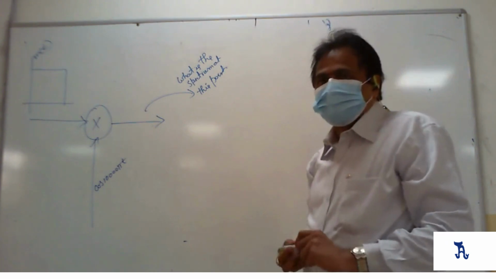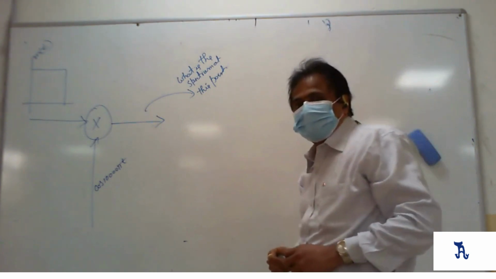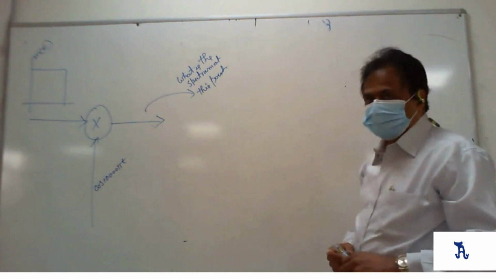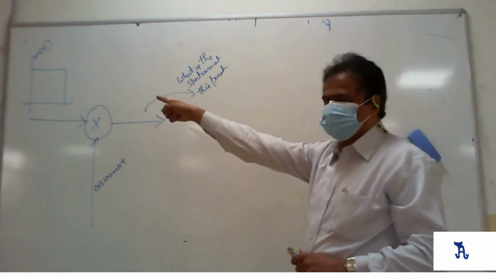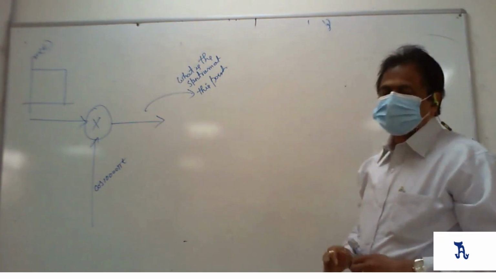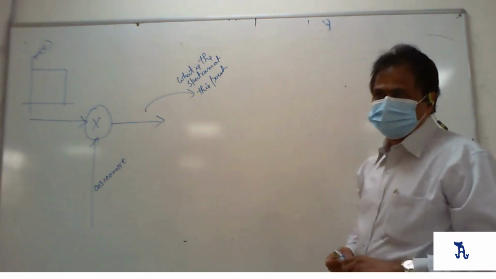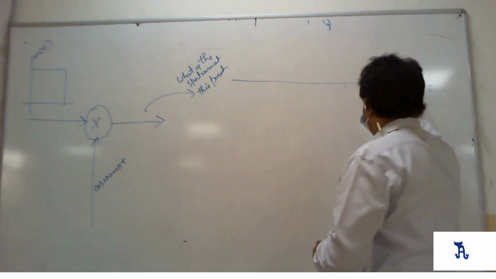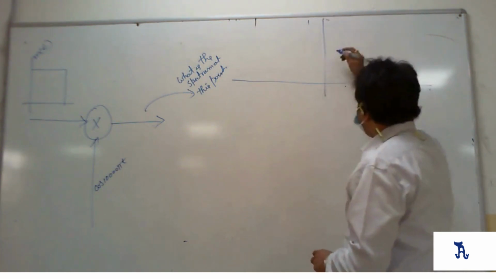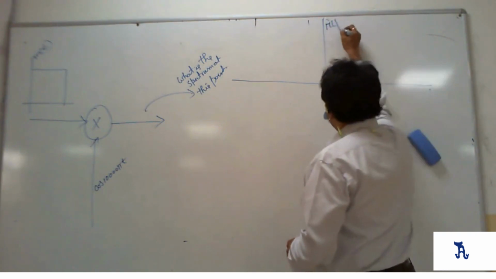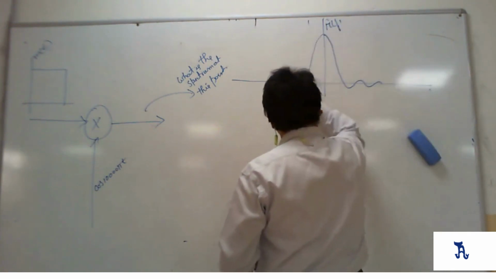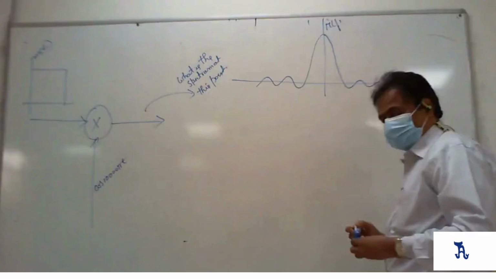Yes or no? Okay. So, it's just a sinc pulse. Now, can you tell me what M of F is? M of F is this one, yes or no? This is M of F. Yes, a sinc function. Right.